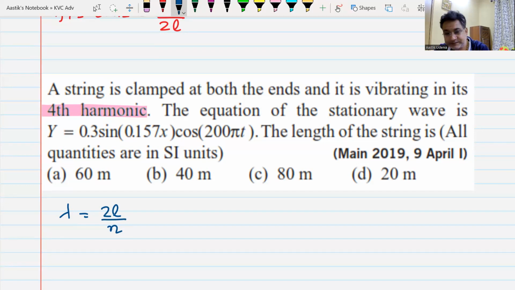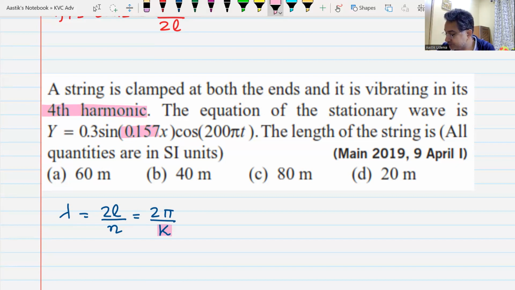Yes or no? Now this lambda is also equal to 2 pi by K. And your K is given as 0.157, which is actually pi by 20.